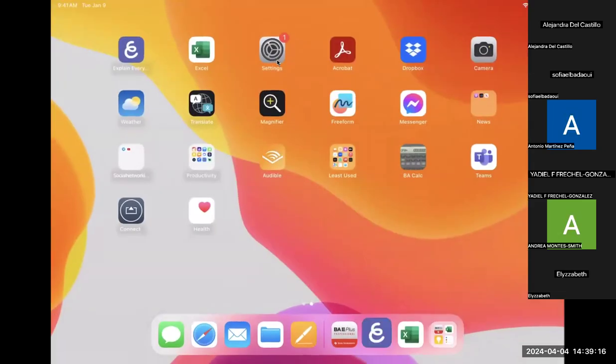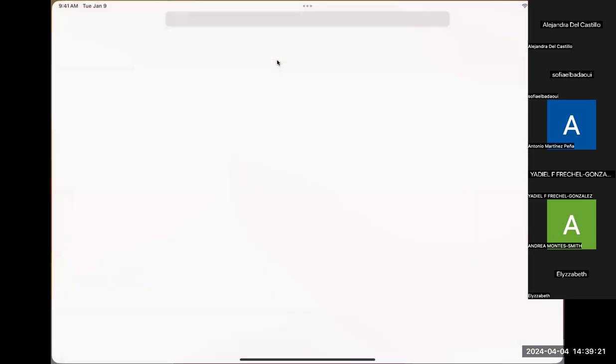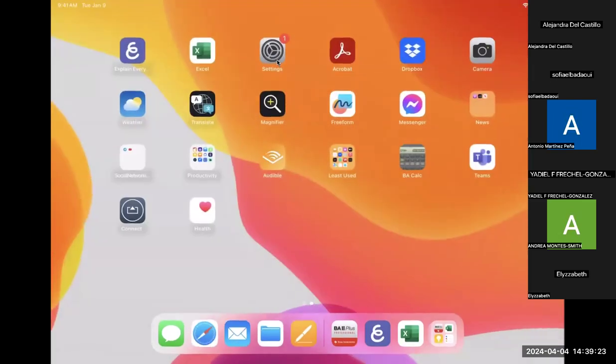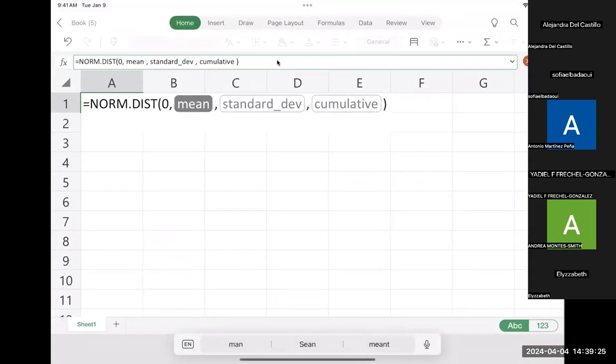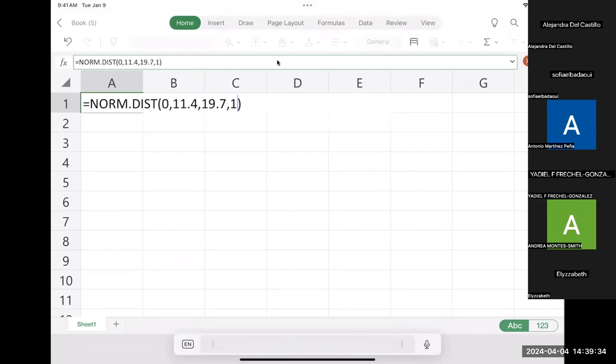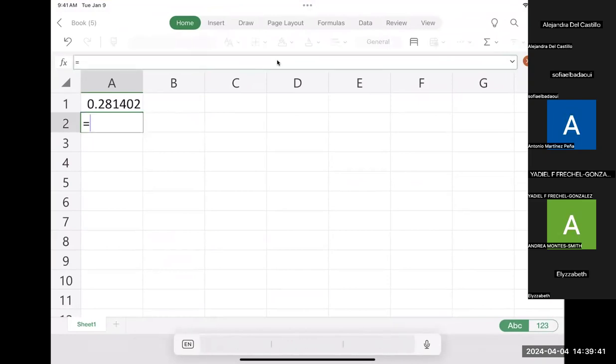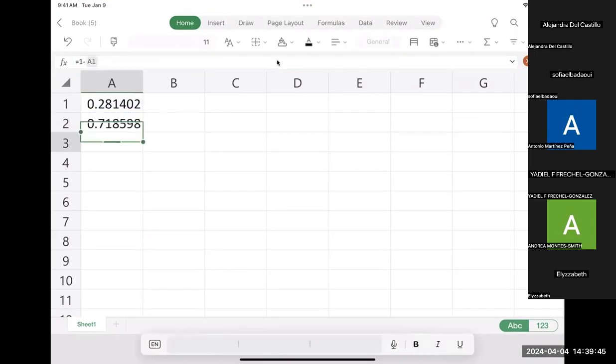It was 11.4 and standard deviation 19.7. Then you say 1, it's cumulative, and that will give you the left side, and then you have to take 1 minus. So there you have it, 72%.